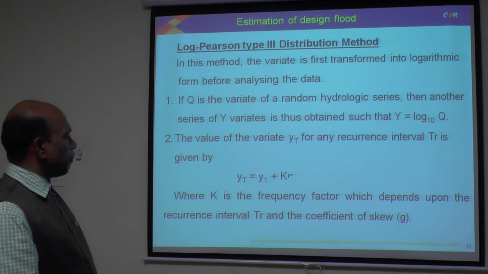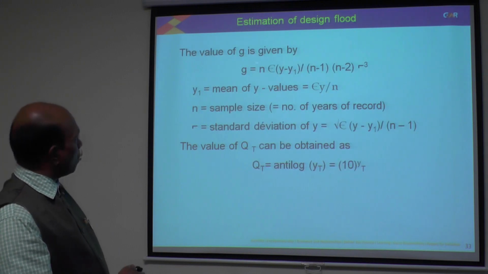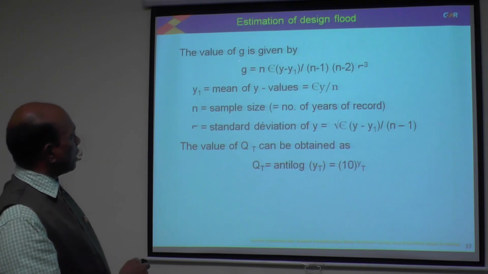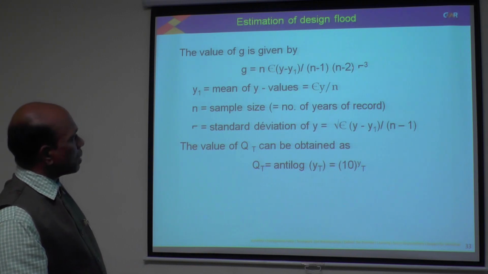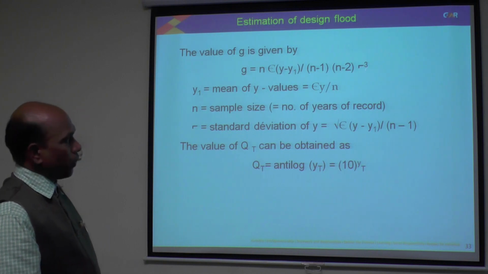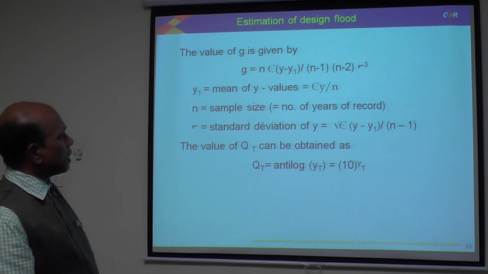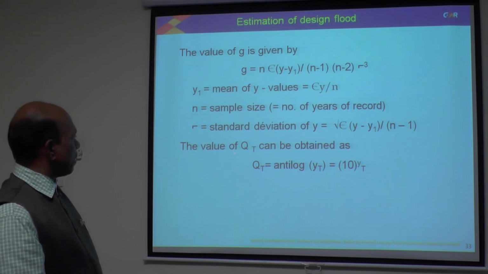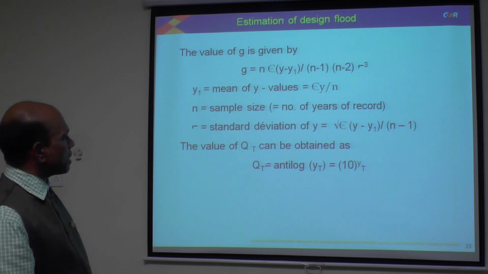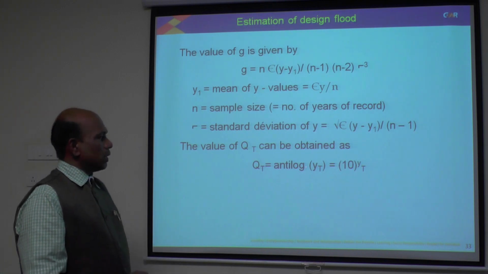Here y bar is the mean, and this is the formula for the determination of g value: n sigma (y minus y bar) cubed divided by (n minus 1)(n minus 2) into standard deviation cubed, sigma cubed. Here y bar is the mean of the logarithmic form, n equals the number of samples given, sigma equals standard deviation. The value of Qt can be obtained as the anti-log of this one.